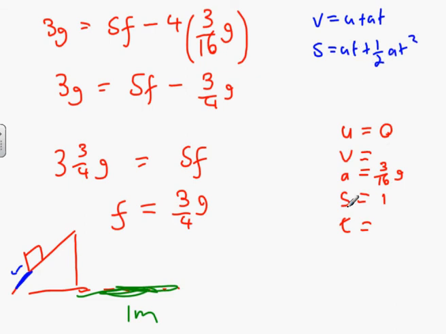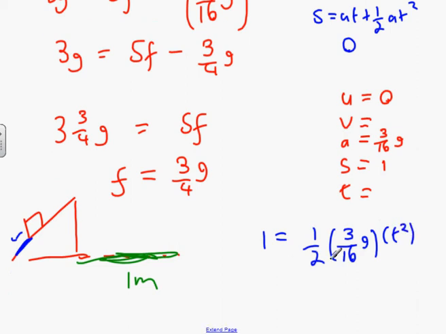So s equals 1 meter, ut is 0 because u is 0, a half at squared, so it's going to be a half times 3 over 16g. And then t squared we haven't got a clue about. Now, what we're going to end up with here is 3 over 32. Bring it over to the other side and invert it. It's going to be 32 over 3g equals t squared.